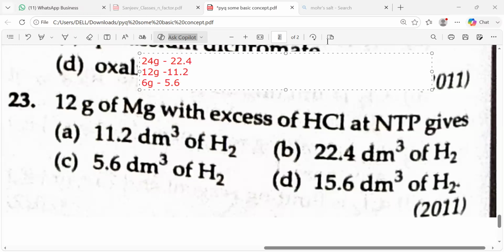Yes, A. Okay. Others, tell me what is the option now? Everyone has to respond in chat. Roshni A, Aryan B. Aryan, read the question. It is 12 grams of magnesium. 24 grams of magnesium needs 22.4 decimeter cube. 24 grams of magnesium.